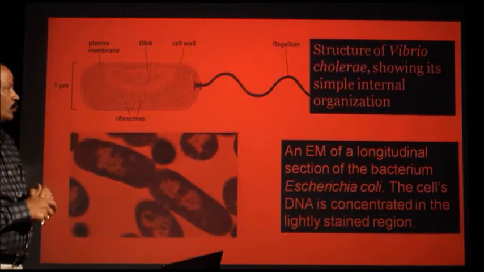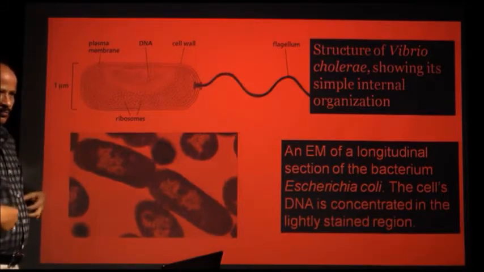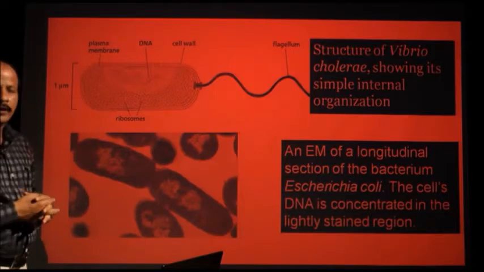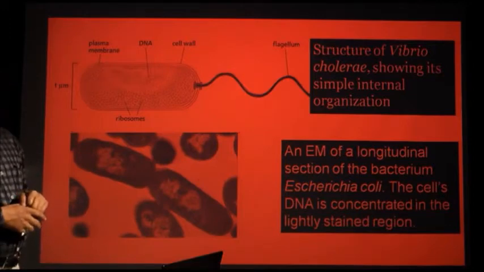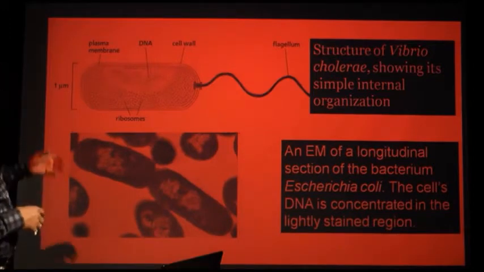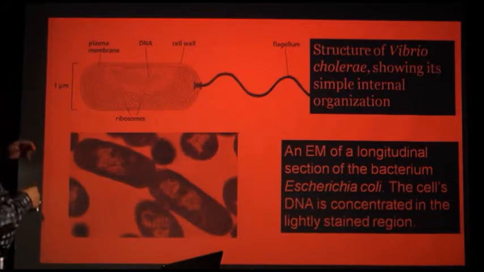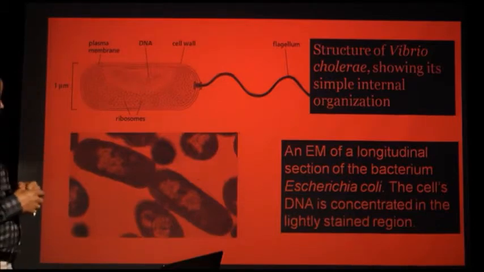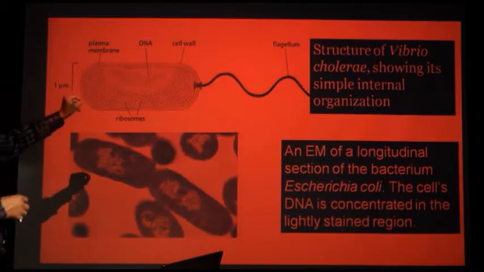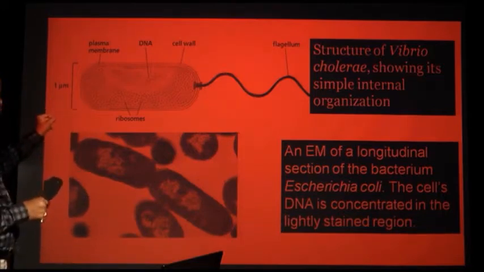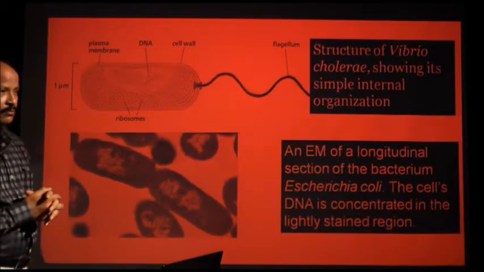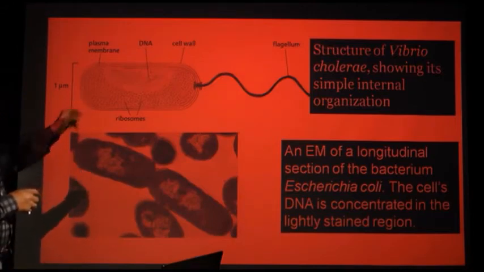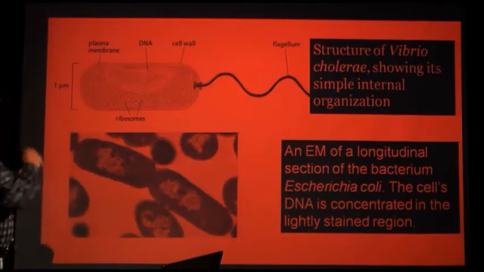When this bacterium infects our intestinal tract, it causes cholera, and cholera claims nearly 1 lakh lives in this world today. But this bacterium, as seen, has a cell wall, the outermost thick layer. Inner to that is the plasma membrane, and you can see the granular structures. This is a drawing. These are the granular structures, so many ribosomes involved in protein synthesis, right? And in addition to that, there is a DNA.